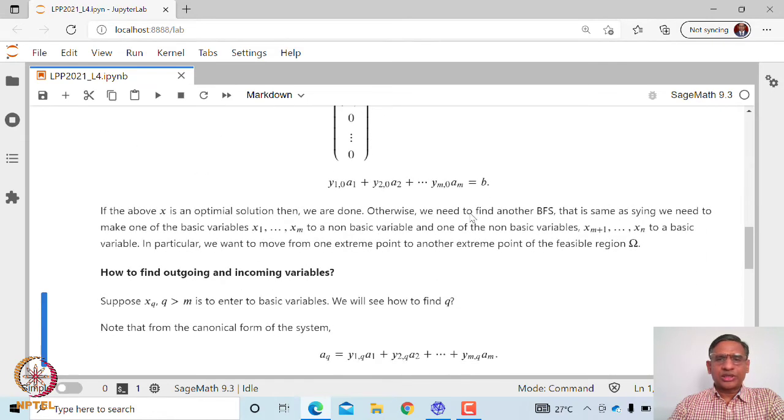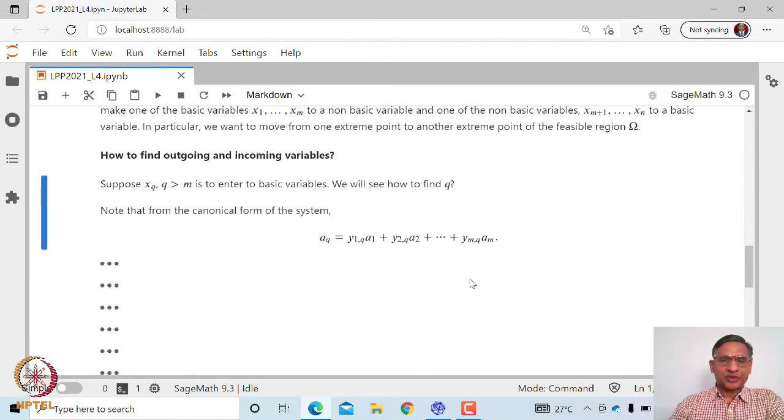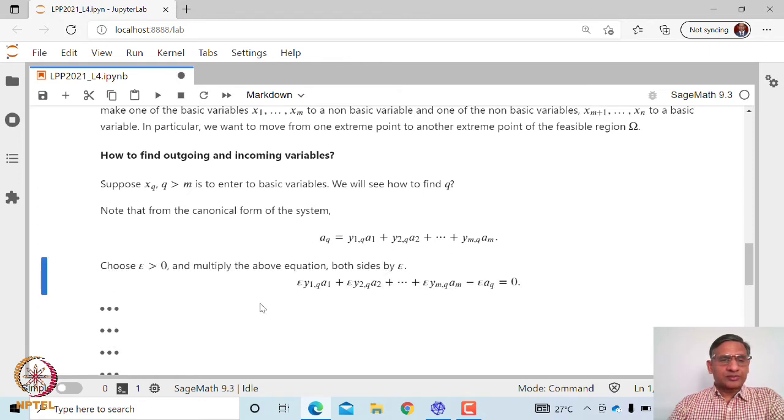Therefore, aq is going to be y1q times a1 plus y2q times a2 plus dot dot dot ymq times am, right? So these are the coefficients of the linear combination of aq in terms of a1 to am, which are linearly independent. This is true for any column in A, right?